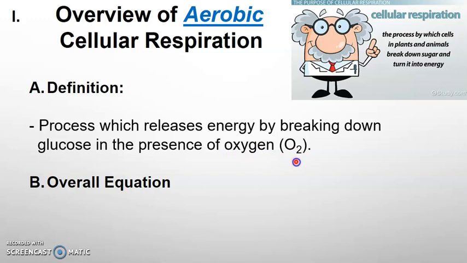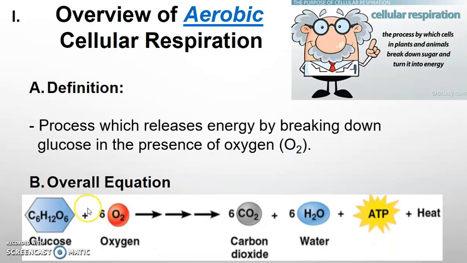But the one that you and I want to do is actually when we break down glucose in the presence of oxygen. And once again, the overall equation, one glucose molecule, C6H12O6, along with 6 oxygens, so you need 6 oxygens to break down one glucose, is going to yield 6 CO2 plus 6 water.